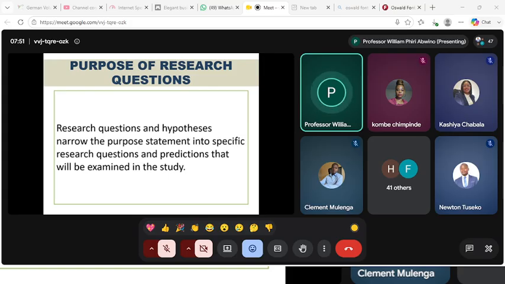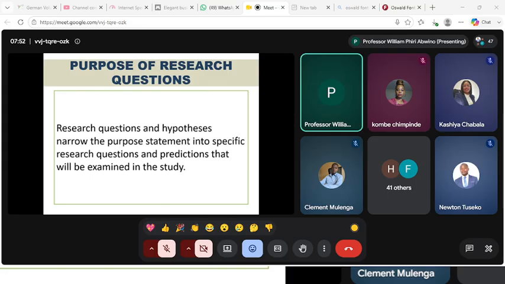Now, you recall, colleagues, that your research title is supposed to be unpacked by your research objectives or by the research questions.